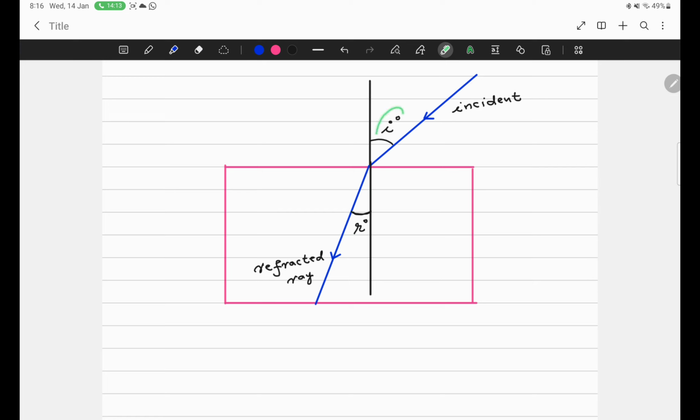This angle is the angle of incidence and this angle is the angle of refraction. You should memorize this formula: sine I divided by sine R, and their ratio is called the refractive index.